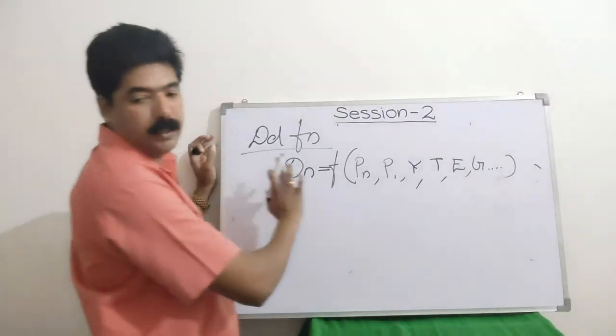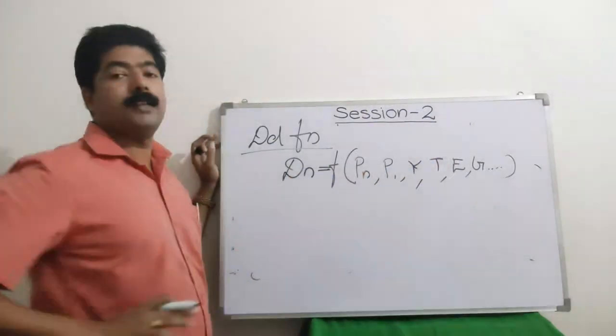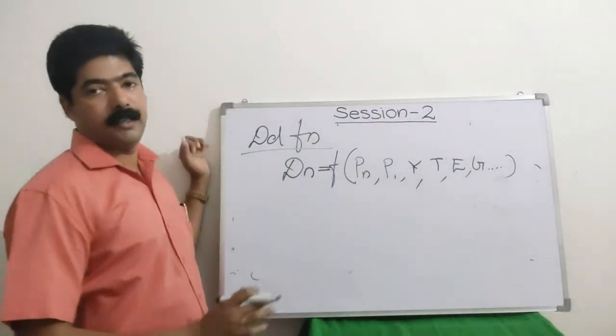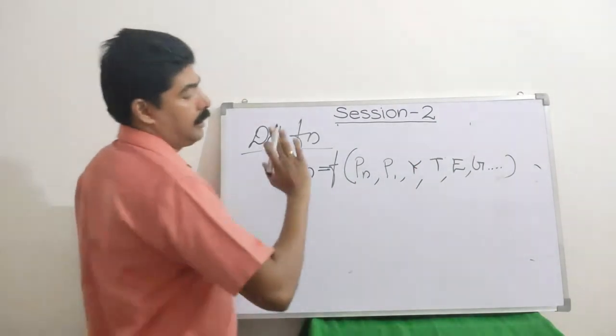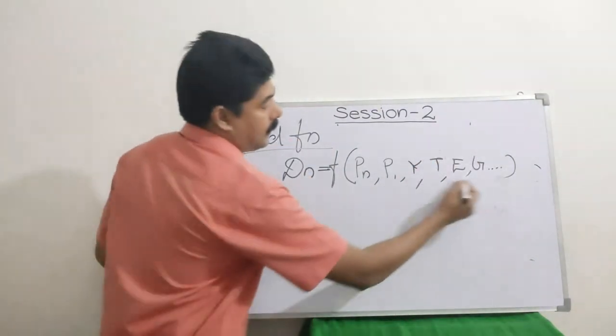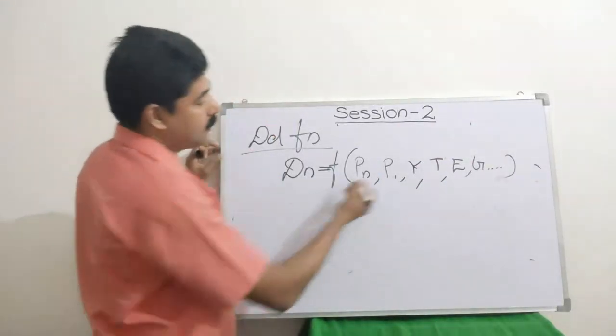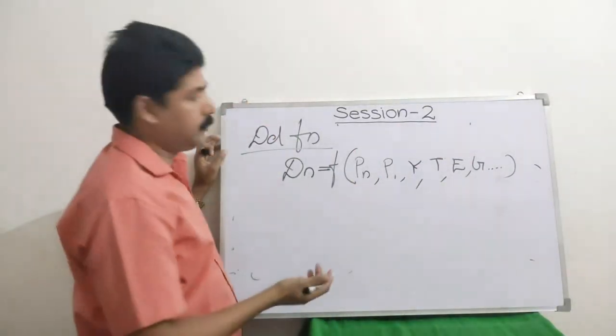This is the symbolic expression of the demand function. What is demand function? The functional relationship between demand and its determinants. These are determinants. We have studied all the determinants.